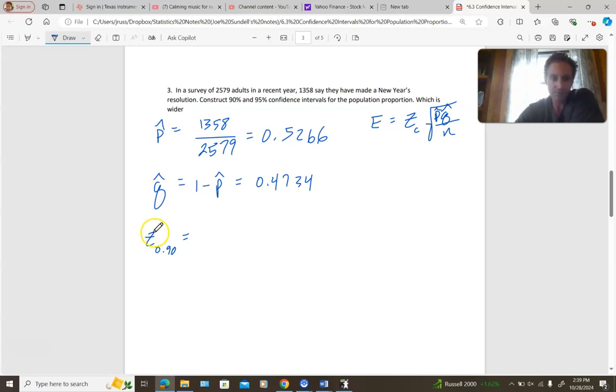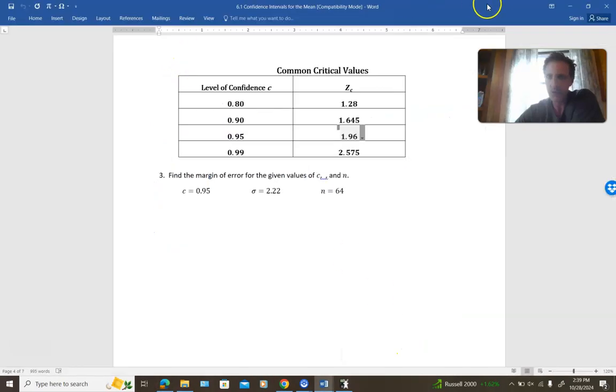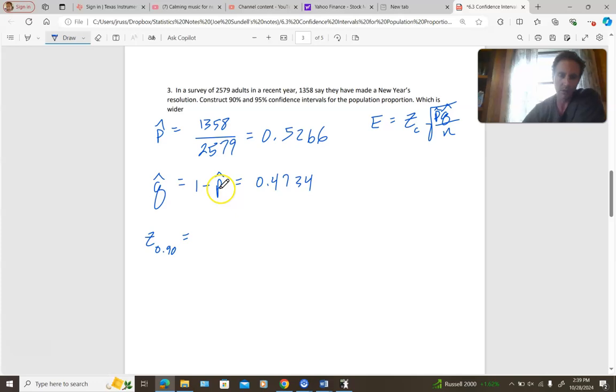So you could use your calculator to find the z-score such that 5% of the area is to the left. Now it'd be negative, but you just take the absolute value of that. But what I'm actually going to do is pull up the previous notes from 6.1, because this is more convenient, and just look at my table here. So guys, utilize this if you need to. The associated z-score for a 90% confidence interval is 1.645. So that's what I'm going to go with. 1.645.